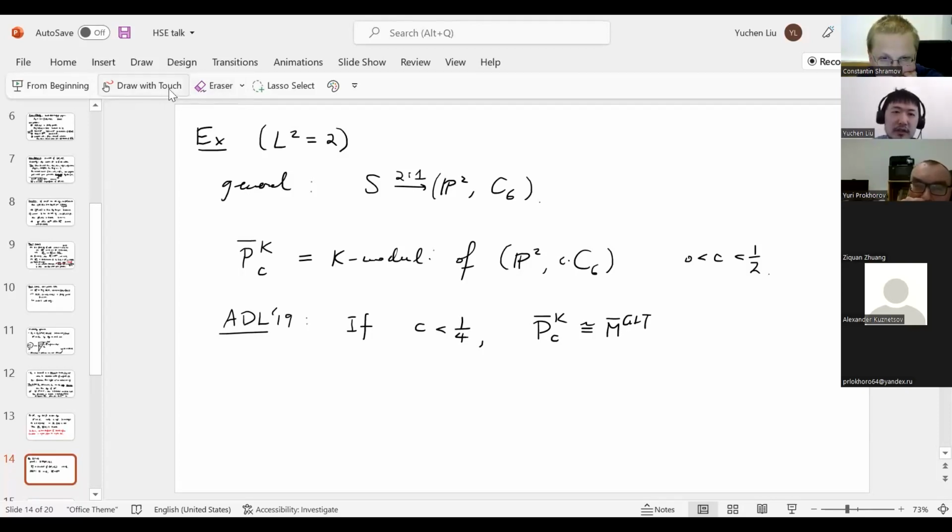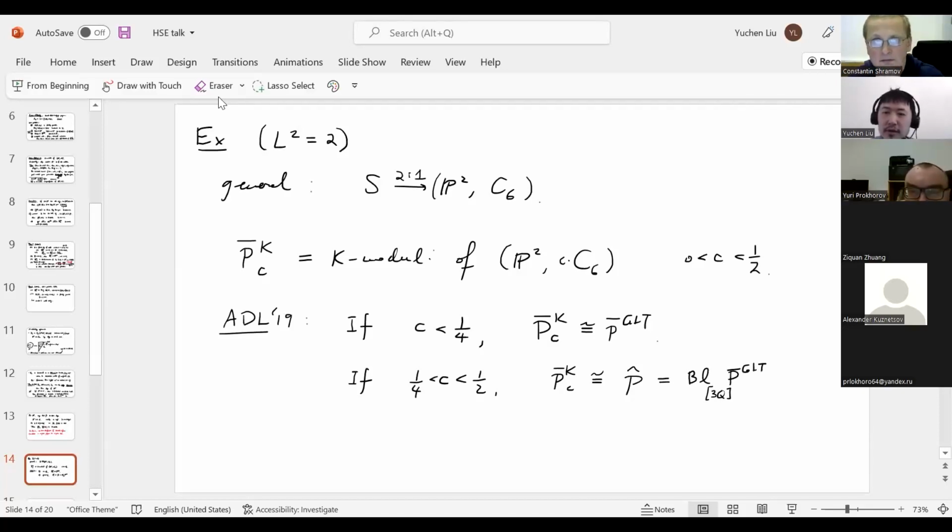Here P stands for the moduli space of, let's say, smooth or ADE sextic curves. And if c is between 1/4 and 1/2, then this will be isomorphic to the Shah moduli space P hat, which is the blow up of the GIT at the triple conic, 3Q. The triple conic of course has log canonical threshold 1/3, so you have to replace it.